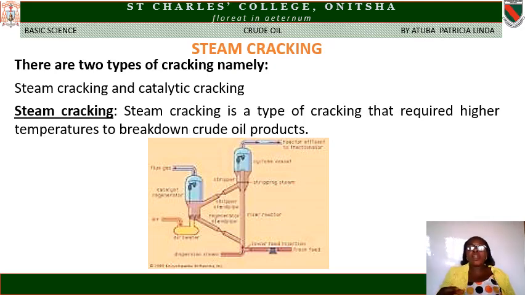So when the product of crude oil is introduced into the cracker, the machine that is used to separate this petroleum product is called a cracker. When it is inserted into the cracker, it breaks down the crude oil product to get other products that I've mentioned before.